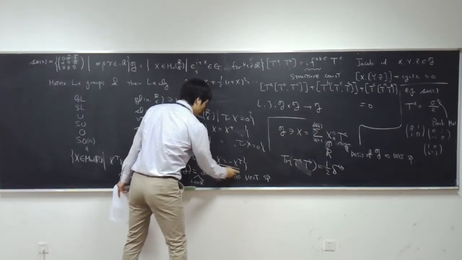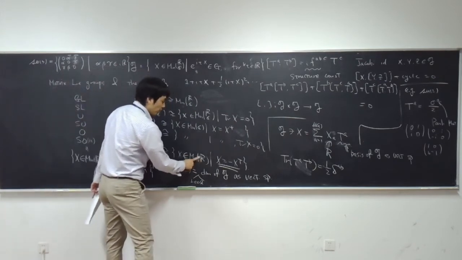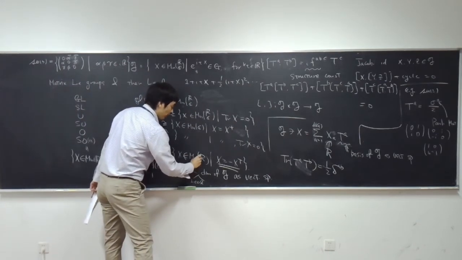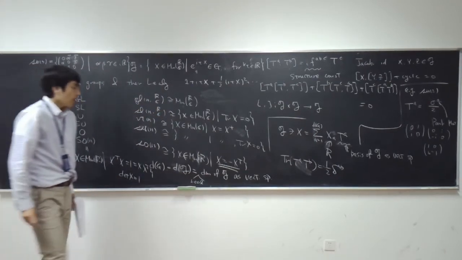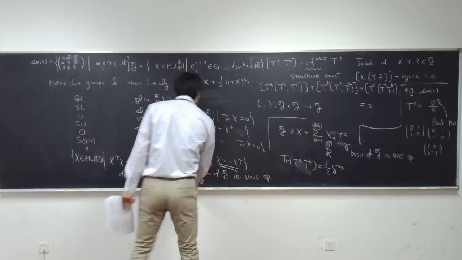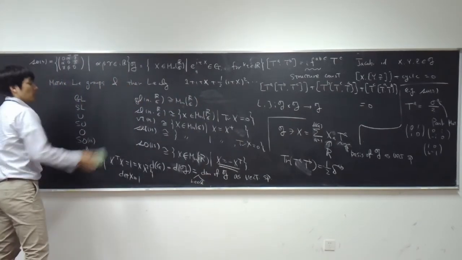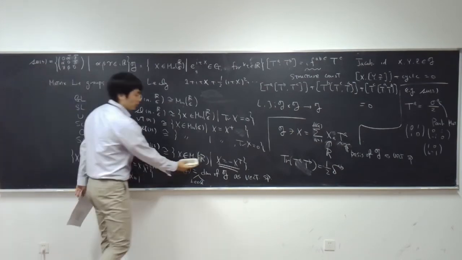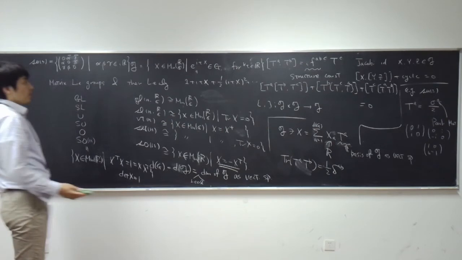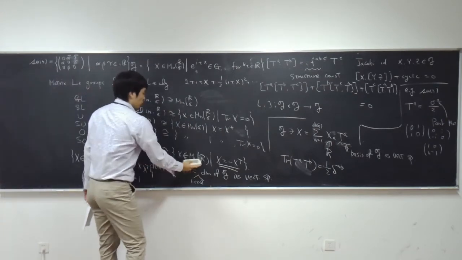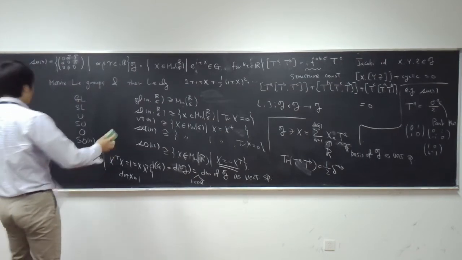Sorry, this is correct, but I think the entry has to be purely imaginary. You're right. The entry has to be purely imaginary. Thanks for the correction. The SO generator has to be purely imaginary, i times r. Because I put i here, it should be i here. Okay. Thank you very much.